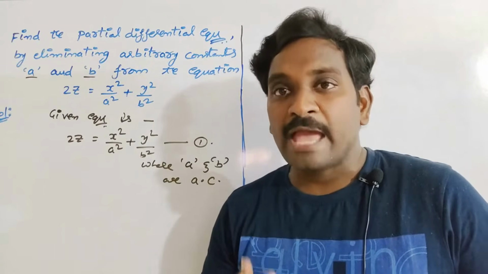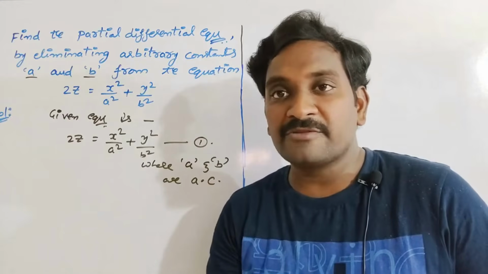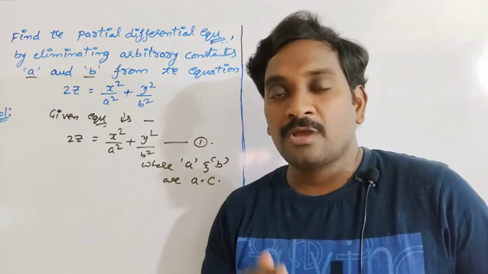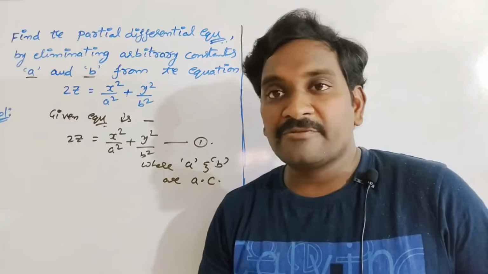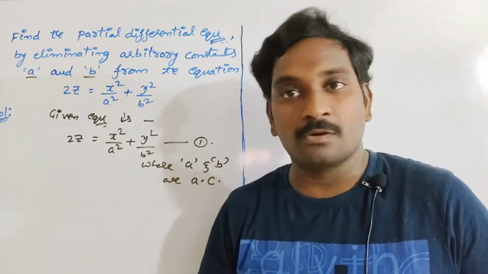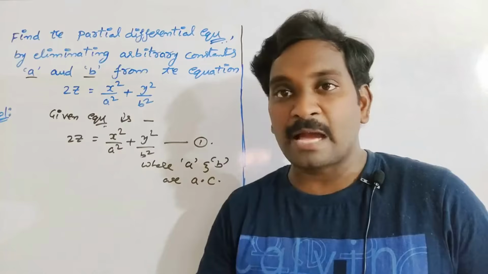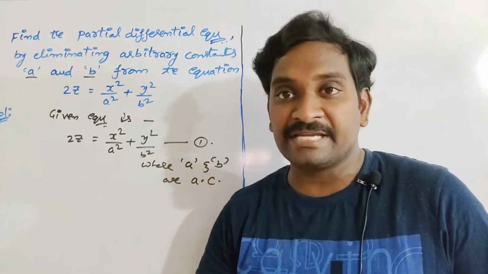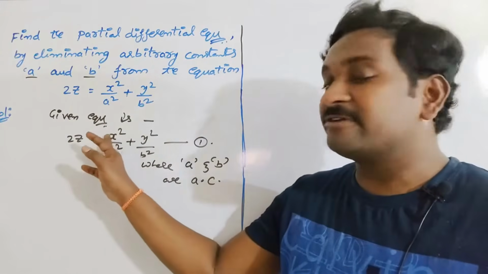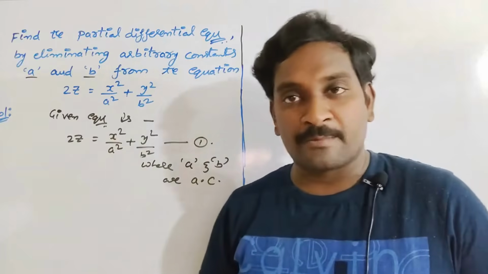It means that you have to take the partial derivative with respect to x, and the partial derivative with respect to y only. Don't use the higher order partial derivatives like r, s and t when the number of independent variables is equal to the number of parameters.